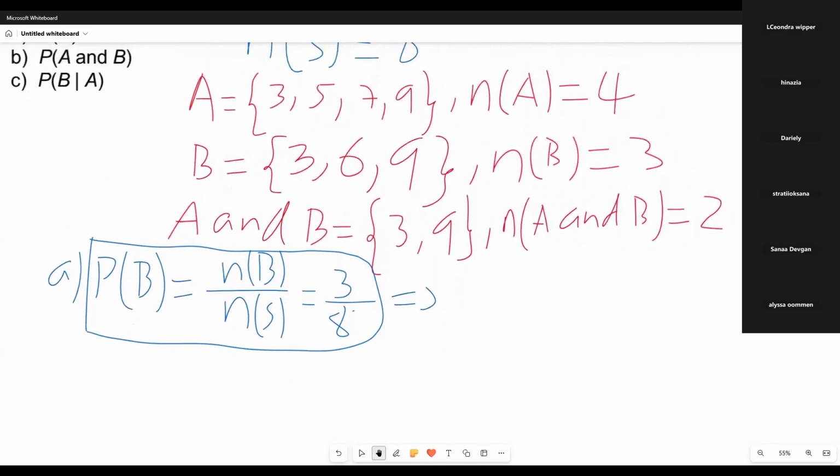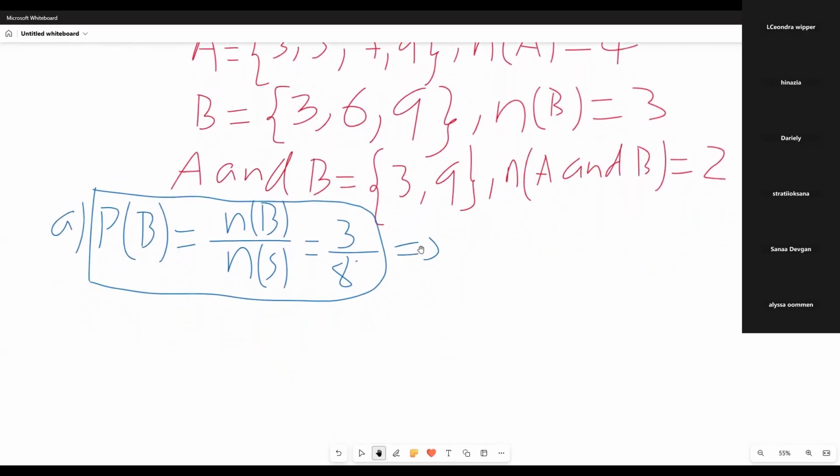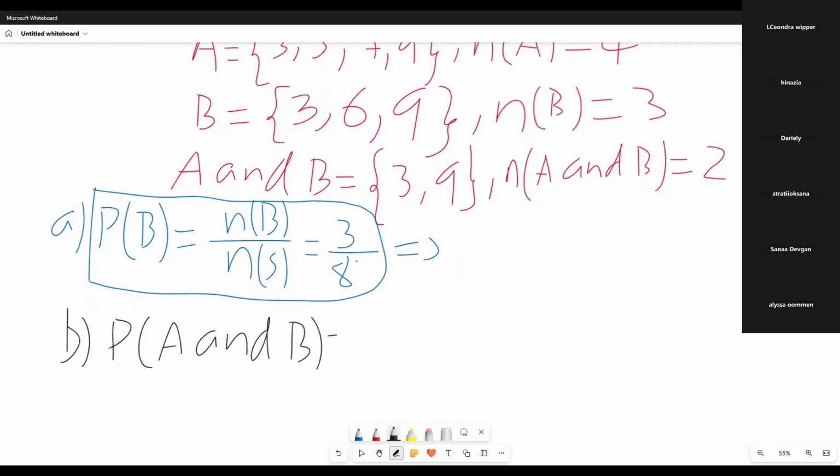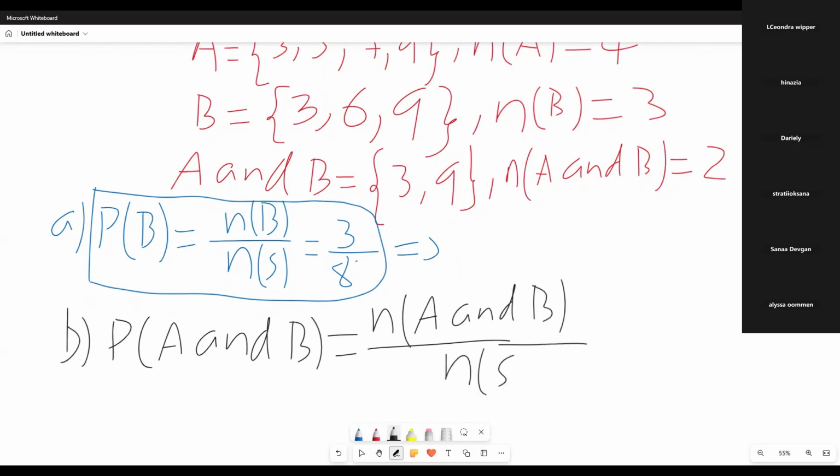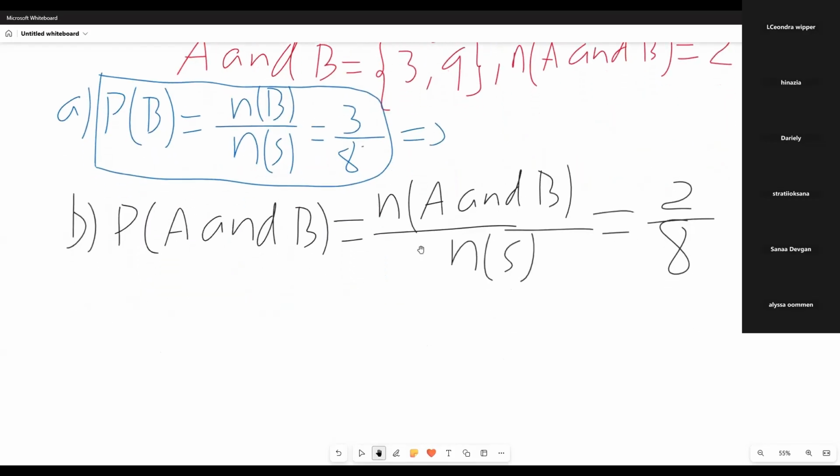Now they also ask to find P of A and B. P of A and B will be N of A and B over N of S. So that's 2 over 8. Simplify.